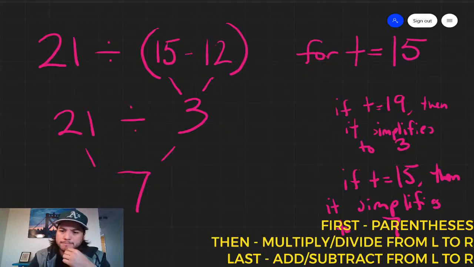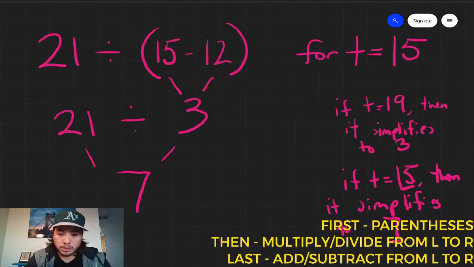So I'm noticing when we had a smaller or less of a value for our variable, we ended up with a larger value when we simplified. I wonder if that pattern would continue to hold true.